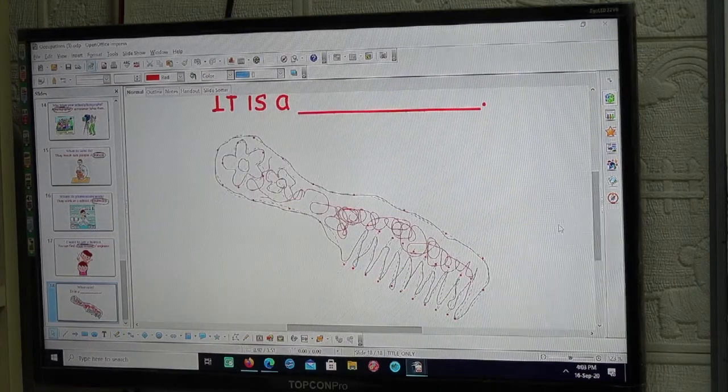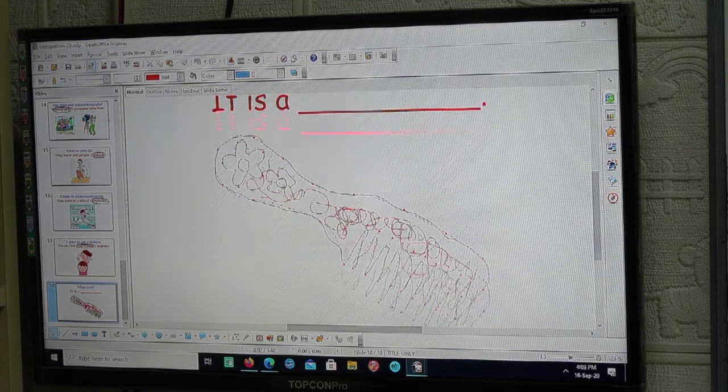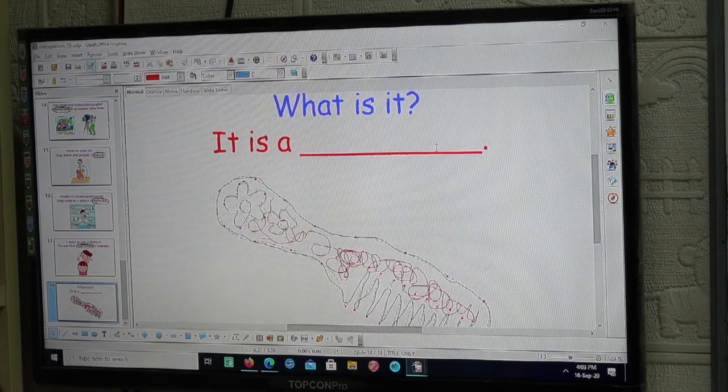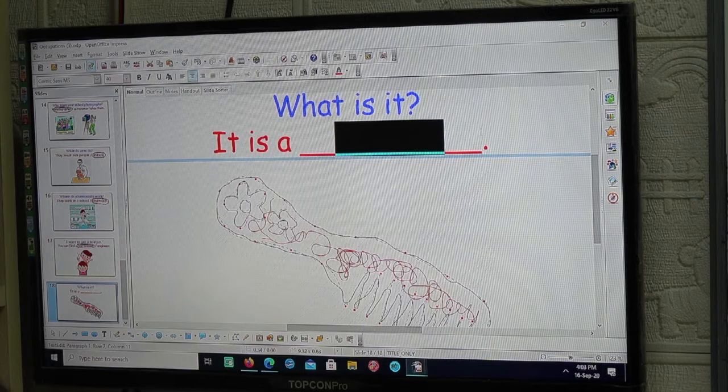After you color this picture, you will get to know something. What is it? This is something we use daily. Can you guess? We use it on our hair, right? We use it to brush our hair. That is a comb. Could you guess it? Please write comb.